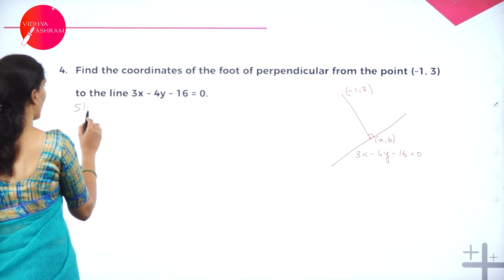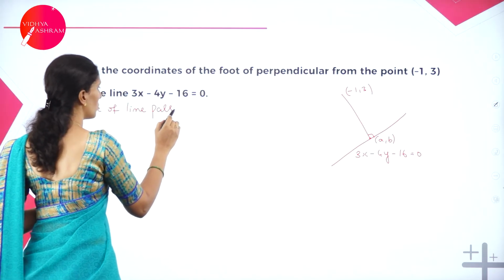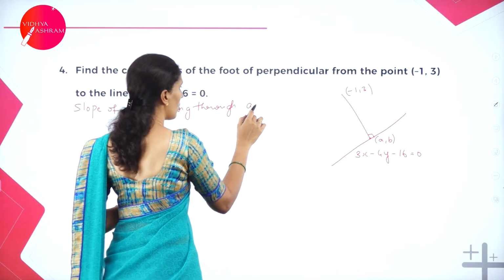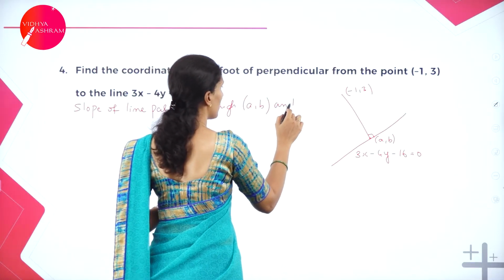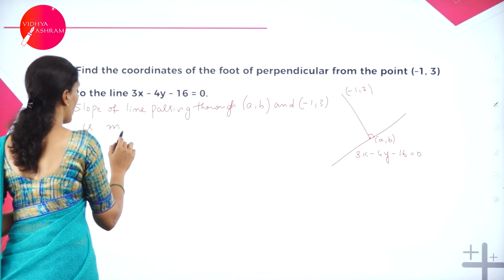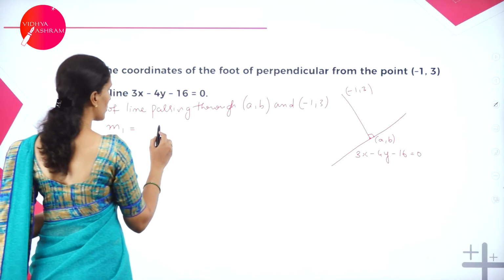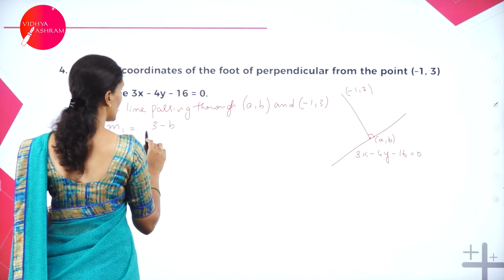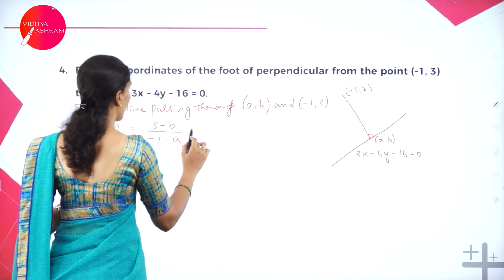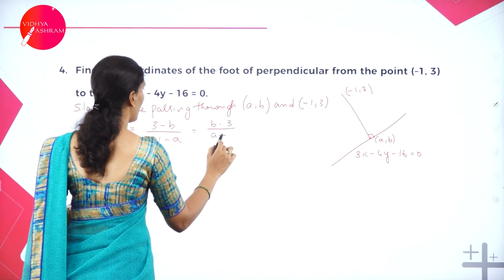Now the slope of the line passing through a comma b and minus 1 comma 3, I'll take it as m1, using the same formula, y2 minus y1 divided by x2 minus x1, that is 3 minus b divided by minus 1 minus a. Or you can write this as b minus 3 divided by a plus 1.